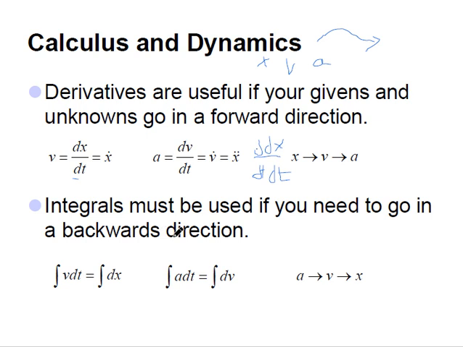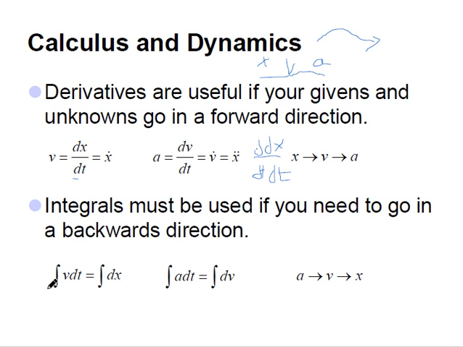Integrals are for when you solve a problem where the known variables move in a backwards direction. So derivatives go in the forward direction, and integration goes backwards: acceleration to velocity, and velocity back to position. In this analysis we're thinking in the backward direction, because the variables move from acceleration and velocity back to position. So in the equation, we use a different integration symbol, like that.